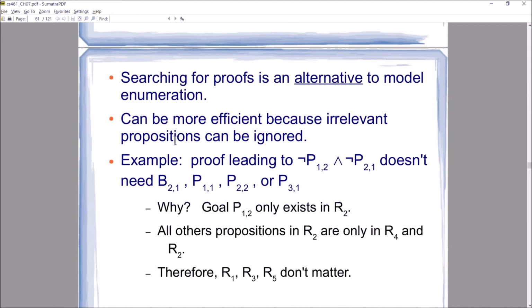Did we even care about P1,1, P2,2, P3,1? No, we didn't need that. The goal only existed in our sentence, which was R2. So all of those other propositions, we didn't need to worry about them. We didn't need to worry about R1, R3, R5. Those other sentences didn't matter. If you remember when I was going through the proof, I only used those things that I needed.